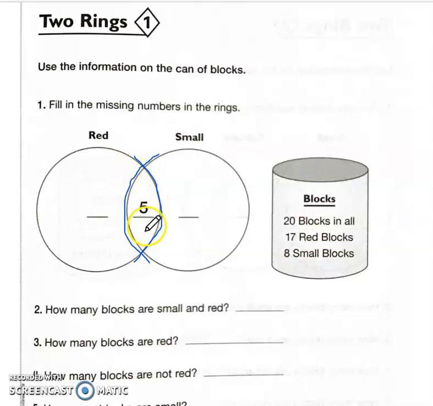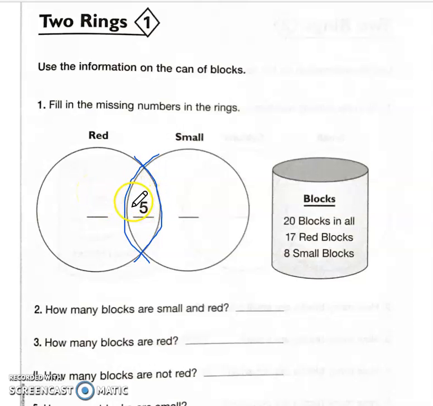So this is saying, with that 5 in there, that 5 of these blocks are both red and small. So in this spot, we want to figure out how many blocks are just red that might not be small. So if there's 5 blocks that are red and small, and there's 17 red blocks total, how many would be red and not small?